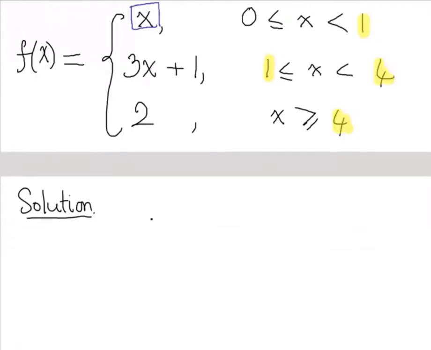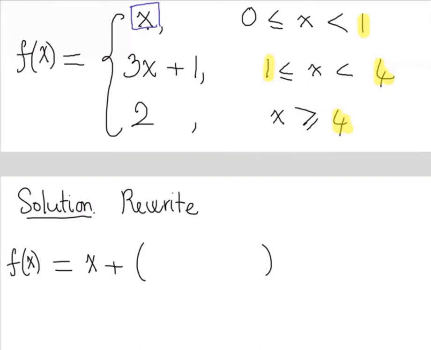In order to compute the Laplace transform of this function, we will rewrite f of x using unit step functions. We begin with the first formula, which is x here. And then the formula changes from x to 3x plus 1 when we pass through 1, when x goes past 1. So we need to use u1 of x.